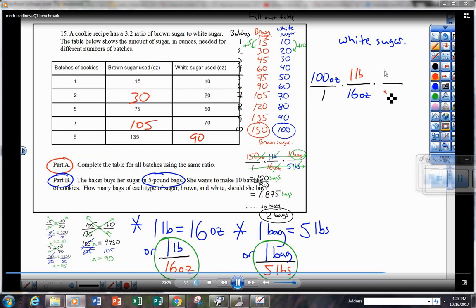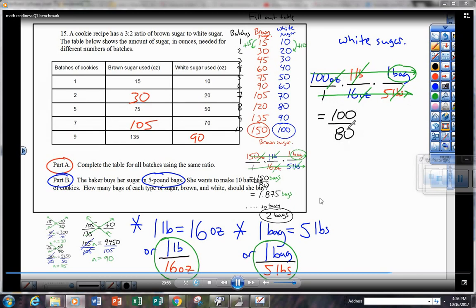Times now my last conversion of 1 bag for every 5 pounds, that will make my pound units cancel and leave me with just bags. So ounces top and bottom, pounds top and bottom, leaves me only 1 unit left, bags, which I'm asking for. So now if I times straight across, 100 times 1 times 1 gives me 100. 1 times 16 times 5 on my calculator gives me 80.